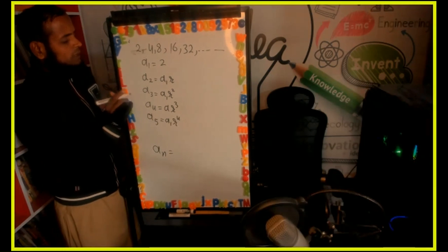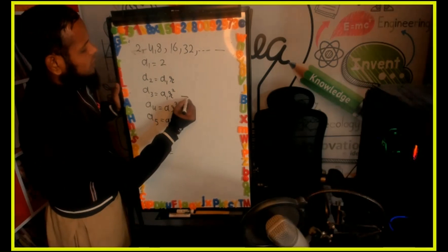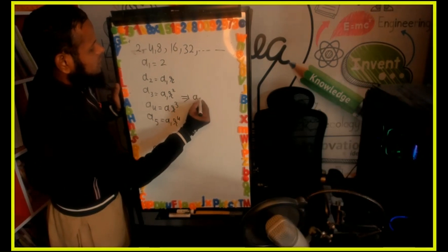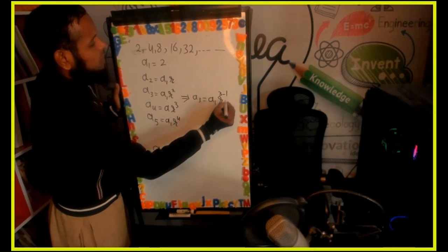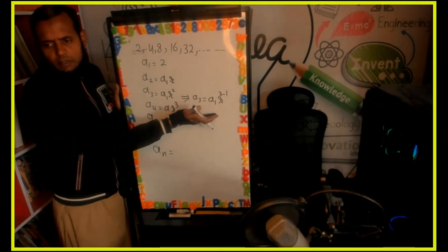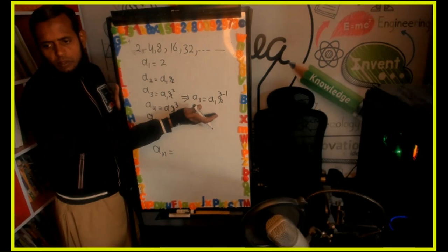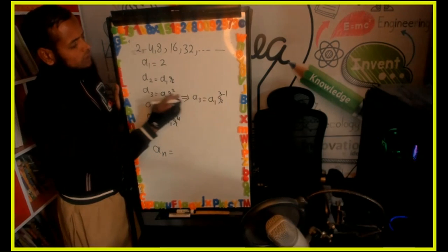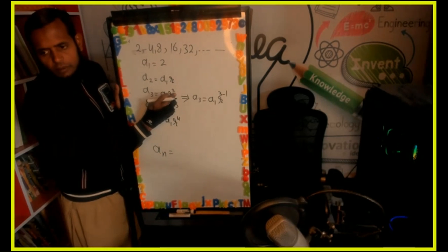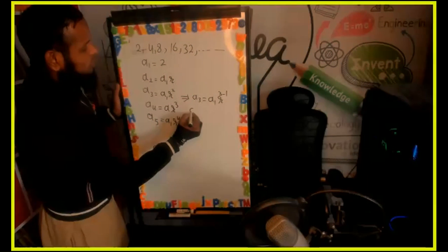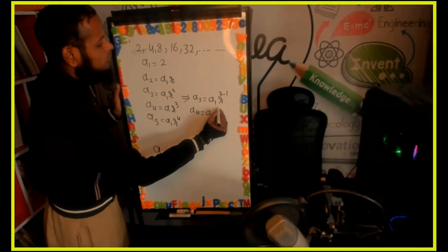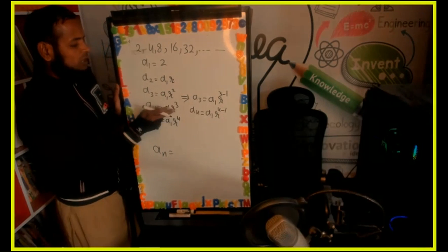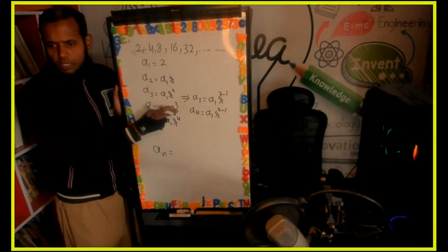You understand that I can also write A3 as A1 R to the power 3 minus 1? Can I write? Yes, 3 minus 1 is also 2. We can also write A4 as A1 R to the power 4 minus 1, because 4 minus 1 is equal to 3. Okay.